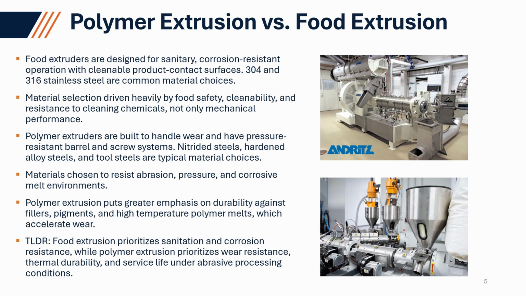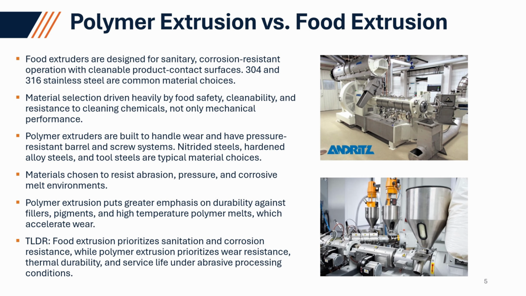Their barrel and screw systems need to handle high pressure, abrasive fillers, elevated temperature polymer melts, and long operating life under harsh mechanical conditions. Because of that, polymer extruders are often made with nitrided steels, hardened alloy steels, or tool steels.